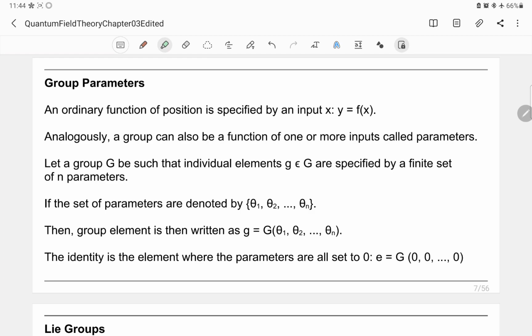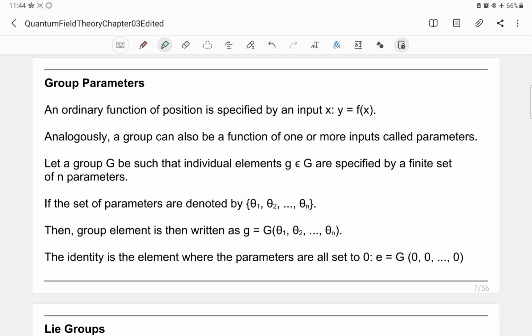The group also has parameters. For example, an ordinary function is specified when given an input x, for example y is equal to f of x. Analogously, a group can also be a function of one or more inputs called parameters. So let a group G be such that individual elements g, an element of G, are specified by a finite set of n parameters.